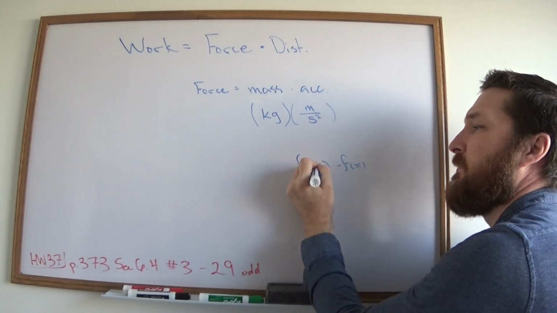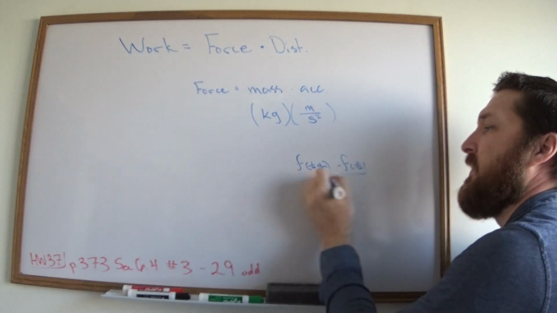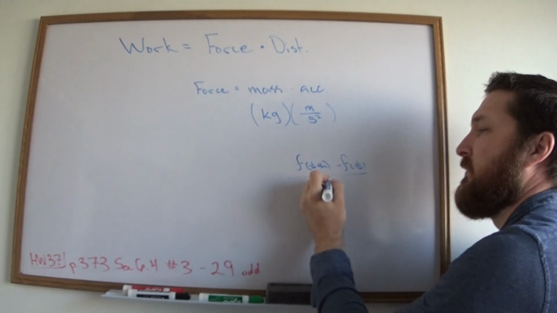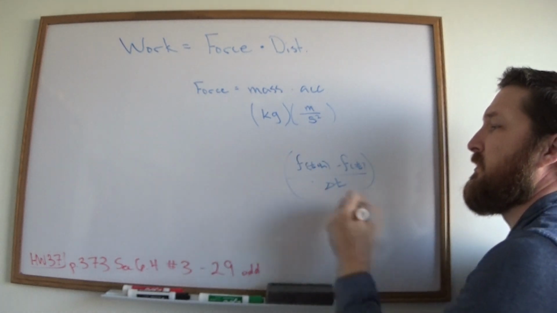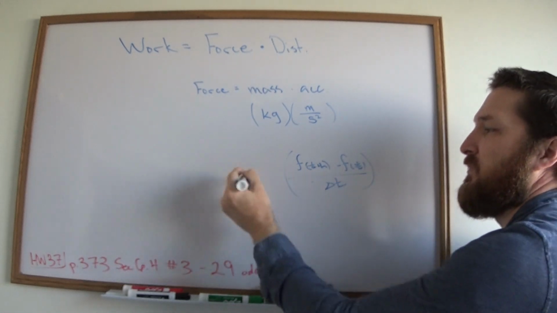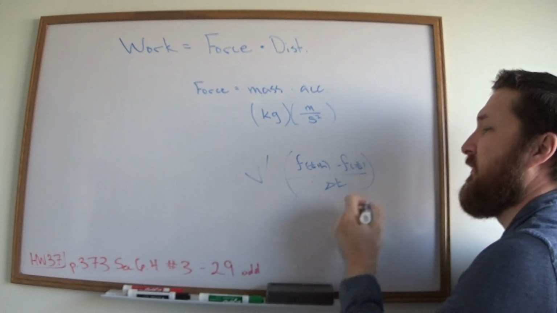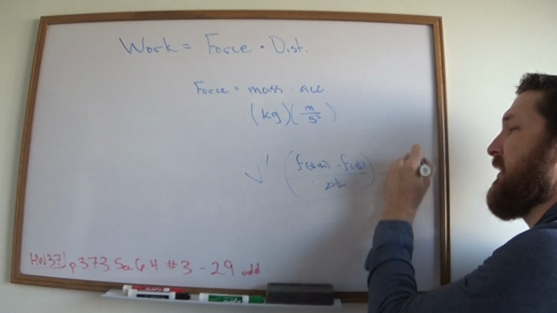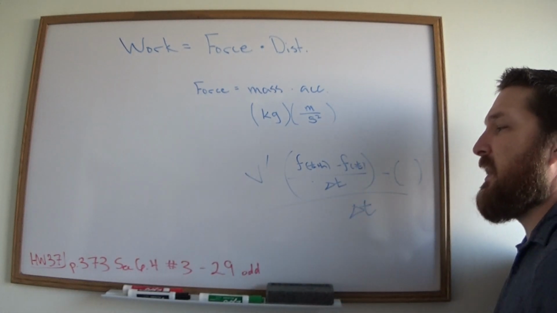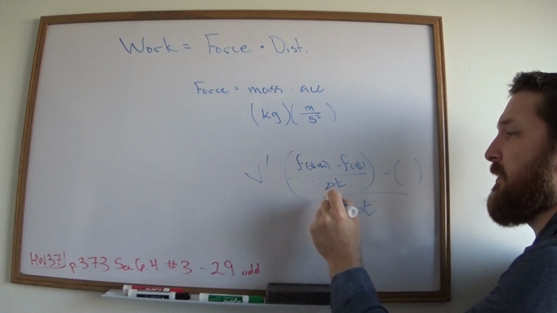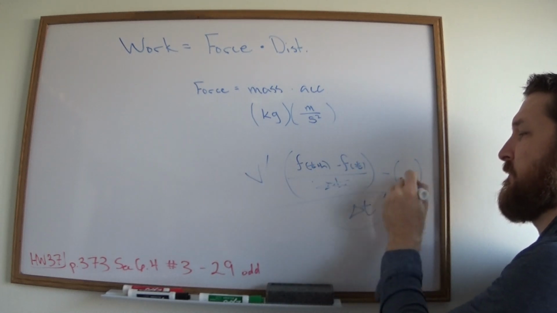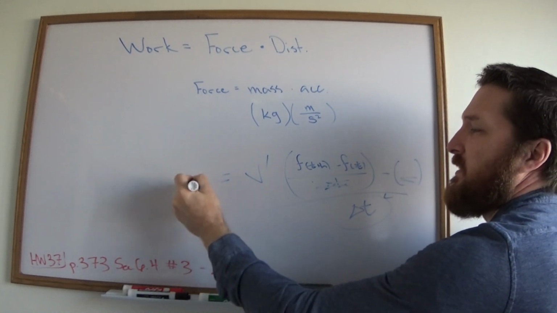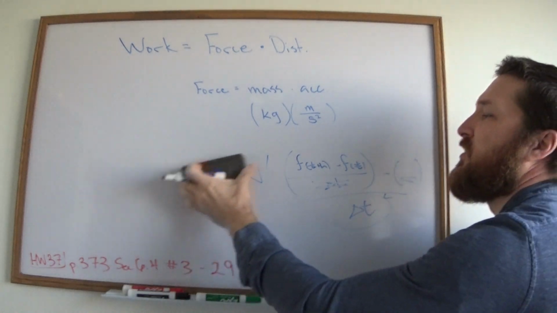You have meters on the top, seconds on the bottom for velocity, then divide by time again, and the time ends up in the denominator squared. So that's your acceleration, and that's why it's per second squared.